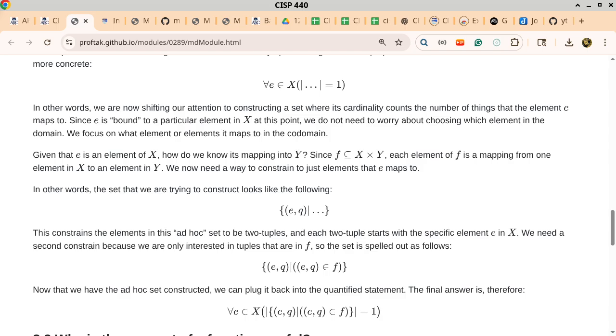There's only one mapping to the codomain in F, which is basically saying each element of the domain maps to one and only one thing in the codomain. Are we doing okay so far with the notations?